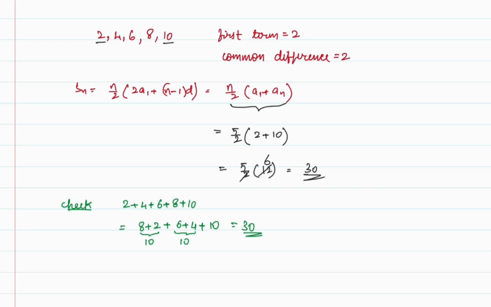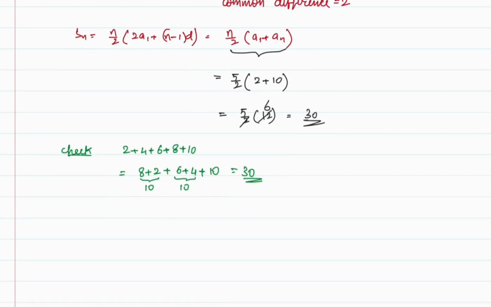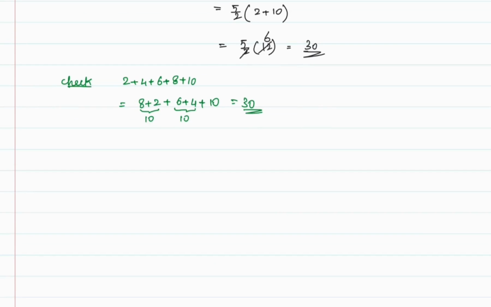Now, here the terms are very simple, like it is 2, 4, 6, 8, and 10. So without applying the formula, we can directly get that. But suppose there is a large number of terms, so if you take 3, comma 7, comma 11, comma 15, comma so on up to 20 terms.